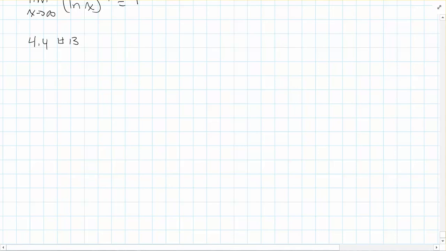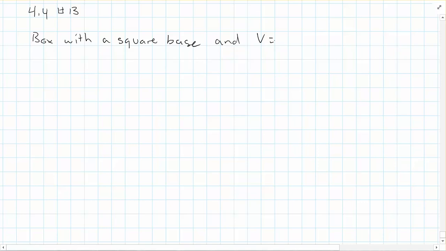And so basically, with this problem, we have a box with a square base. And the volume is equal to 16 cubic feet. And then it's talking about a bunch of costs here.